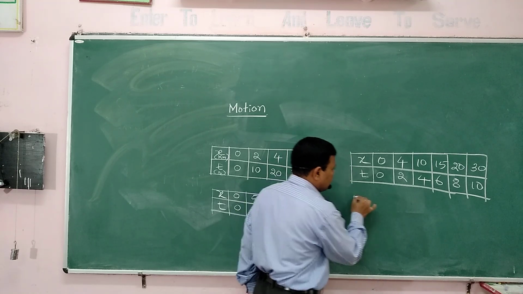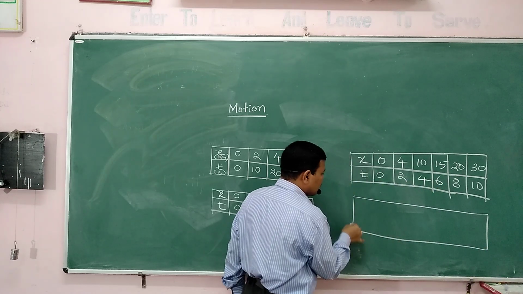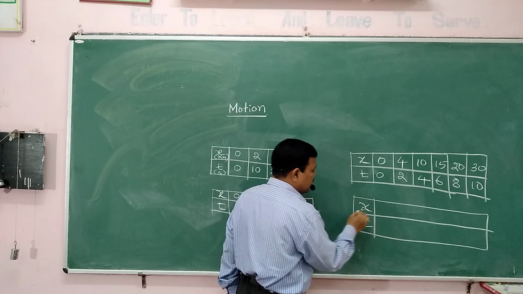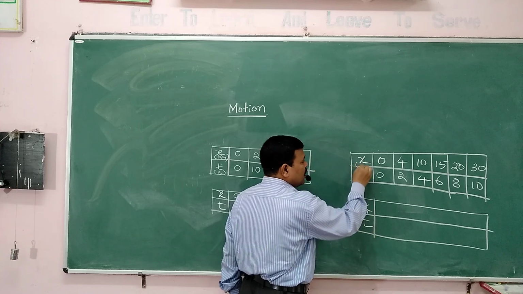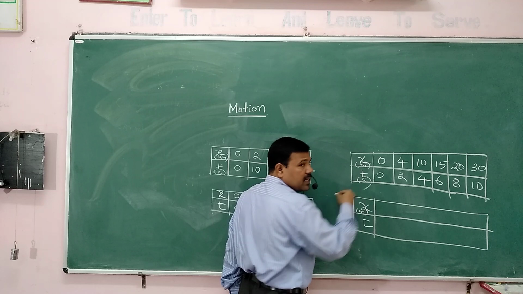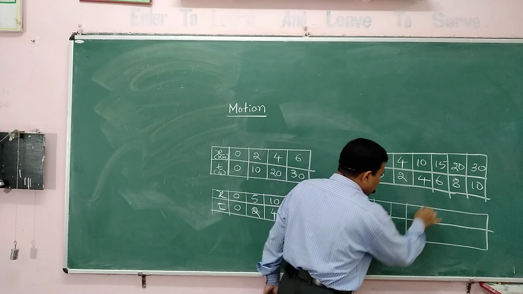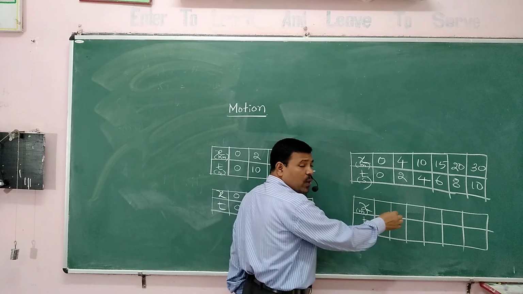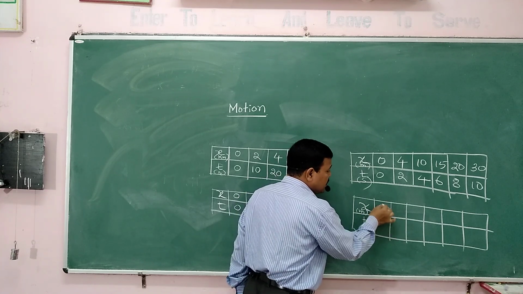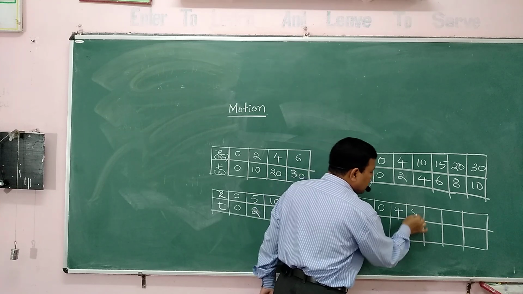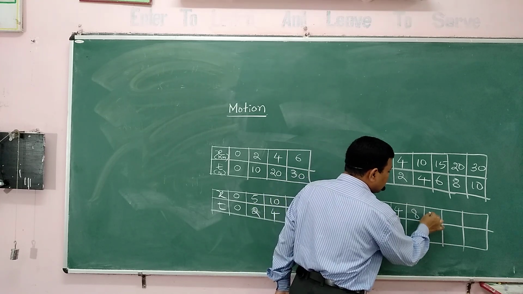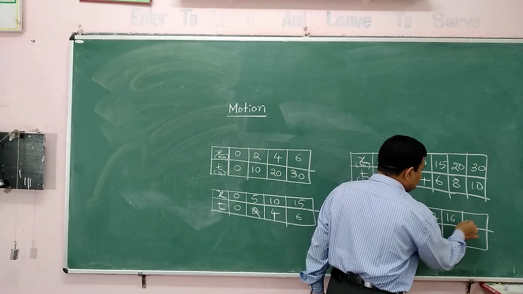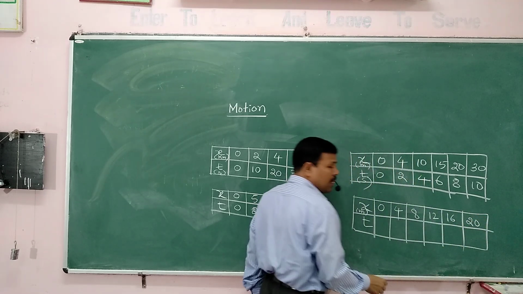Say for example, X, T. X is in meters and T is in seconds. Equal distances in unequal time. 0, 4 meters, 8 meters, 12 meters, 16 meters, 20 meters.